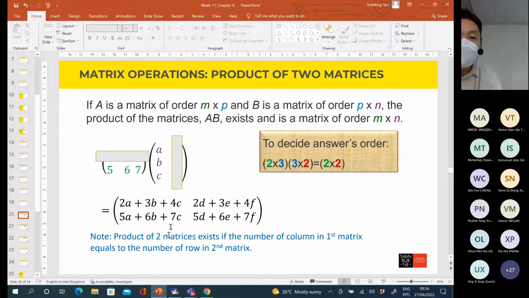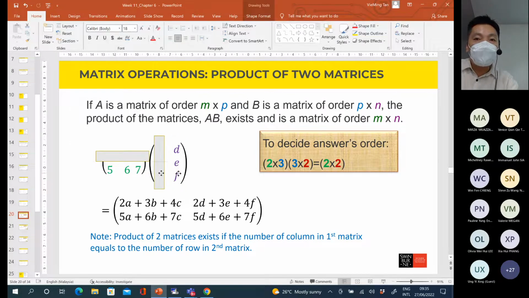The last element is this one, at the location of second row, second column. That means in order to form this element, we use the numbers in the second row of matrix A multiplied with the numbers in the second column of matrix B. So involve this row and this column.